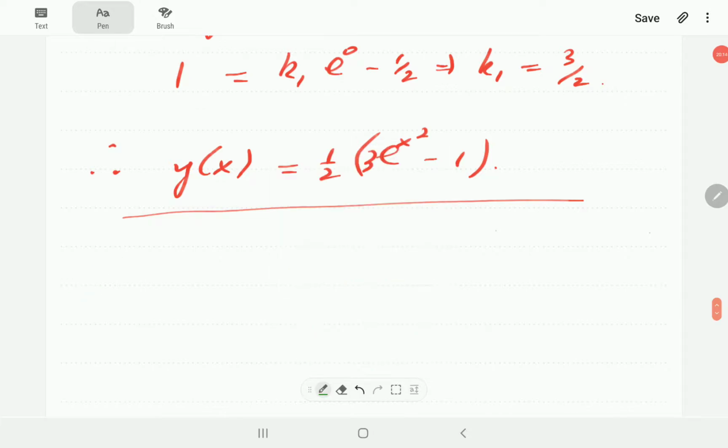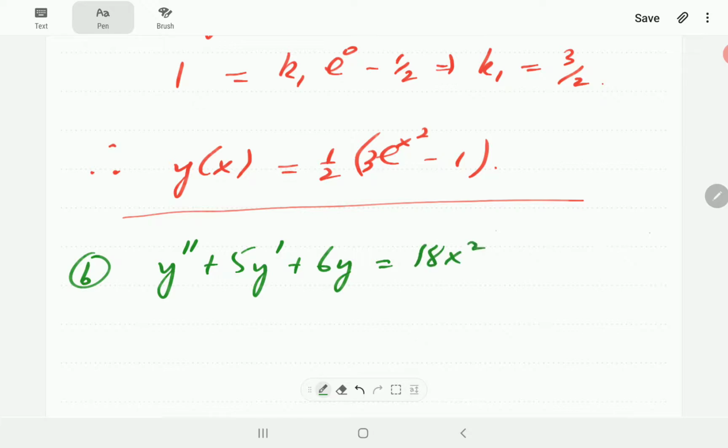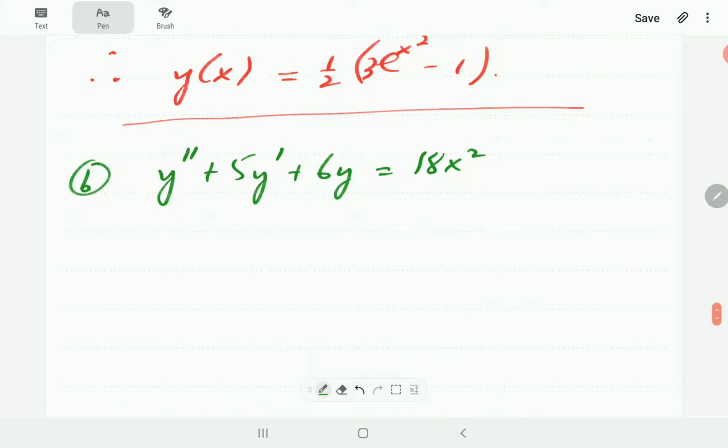In part B, we have got y double prime plus 5y prime plus 6y is equal to 18x squared.